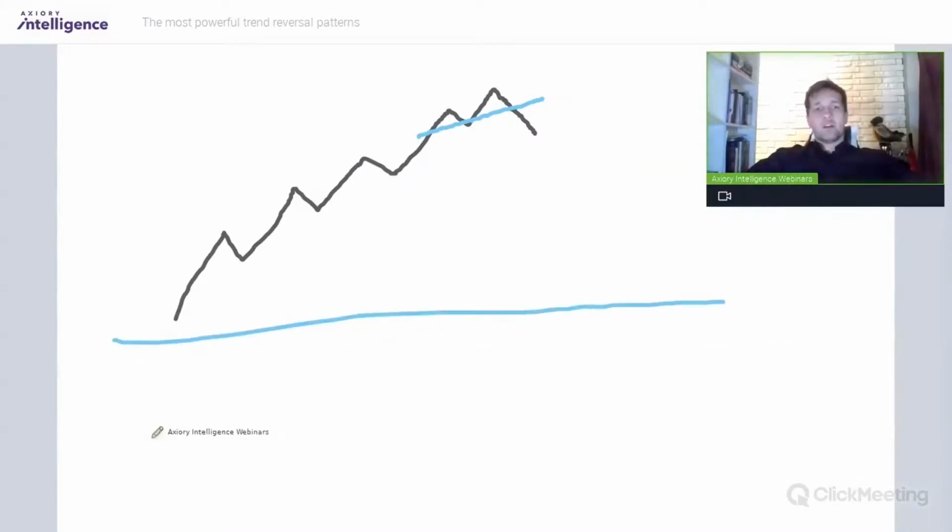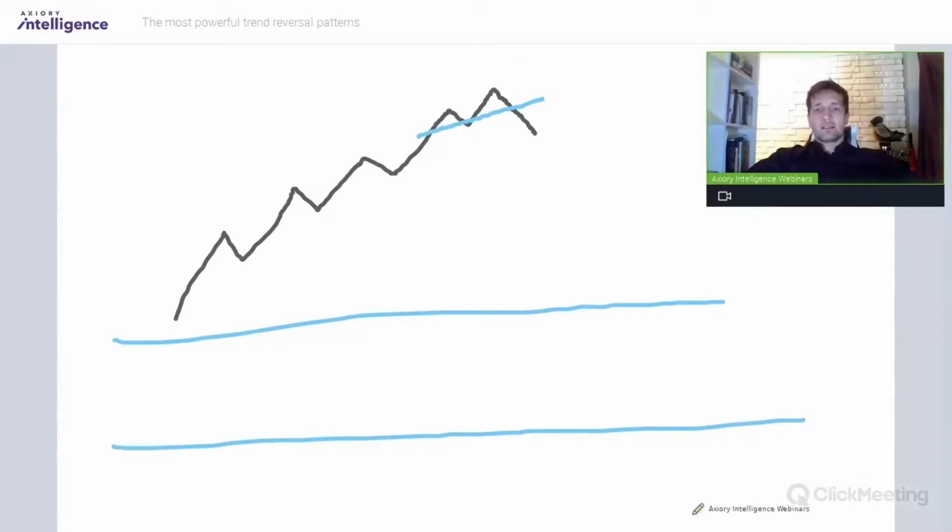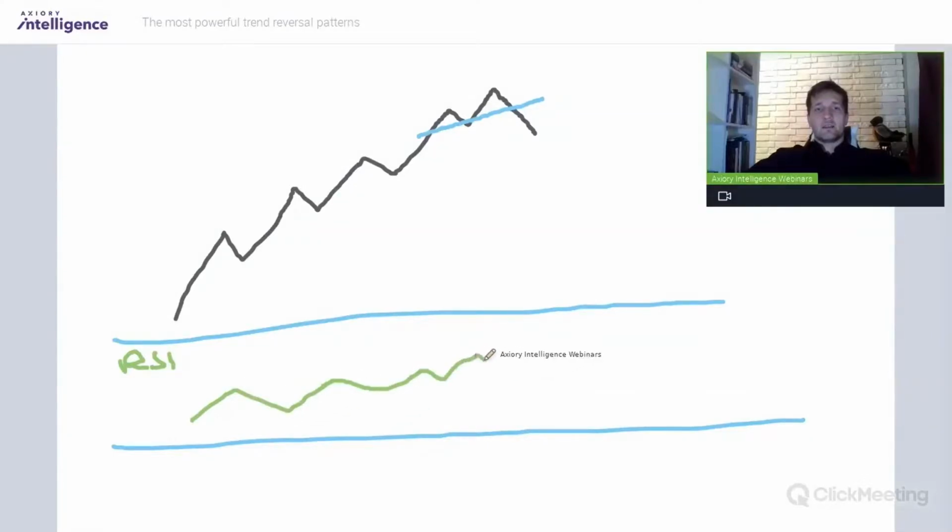And below, you have an indicator of your choice. Let's say this indicator is an RSI. And in general, it mimics the price movements. Okay? And you need a divergence.